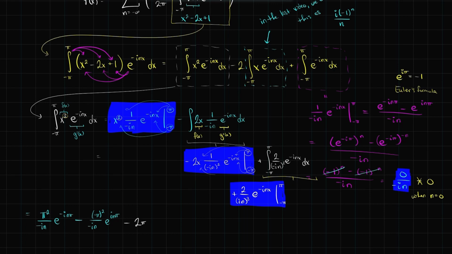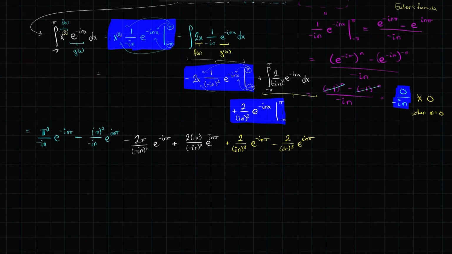Negative 2 times pi divided by negative i n squared, e to the negative i n pi. Then I'm going to subtract the lower bound, but there was already a minus sign there, so I'm adding the lower bound, 2 times negative pi divided by negative i n squared, e to the positive i n pi. And then my final term here, plus 2 over i n cubed, e to the minus i n pi, minus 2 over i n cubed, e to the positive i n pi.